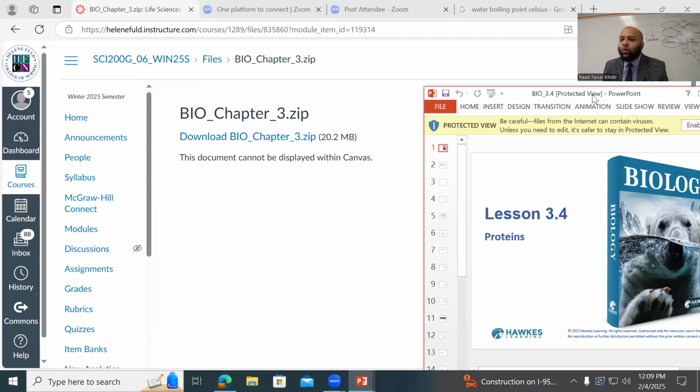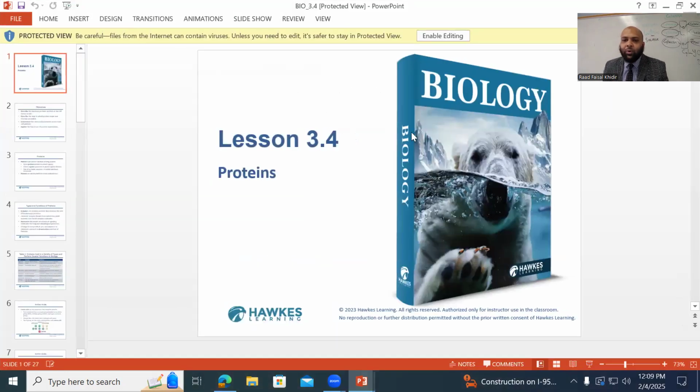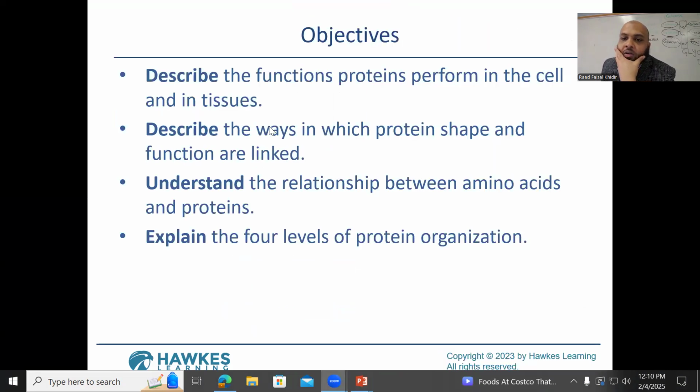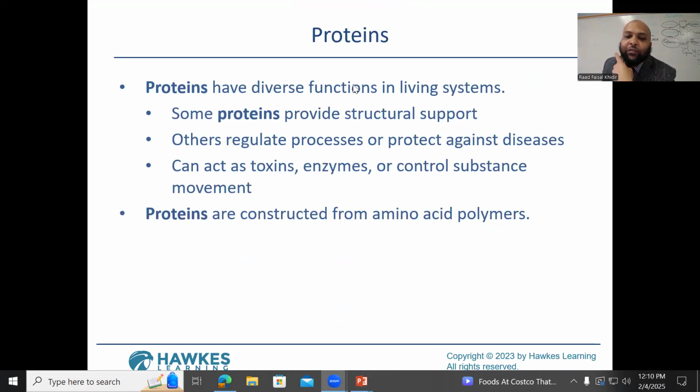Who is our fourth macromolecule? The protein. Our fourth macromolecule is our protein. So proteins have different functions.